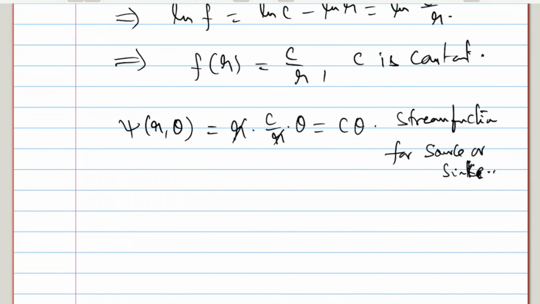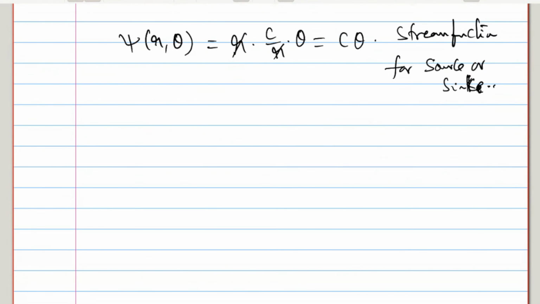So how do you decide which one is source, which one is sink? Depending on the constant c, right? How do you see the direction? u r direction, right? What is u r? Now you calculate what is u r. The u r component is 1 by r times dou psi by dou theta. So that simply gives dou psi by dou theta as c by r. So this is the radial direction.